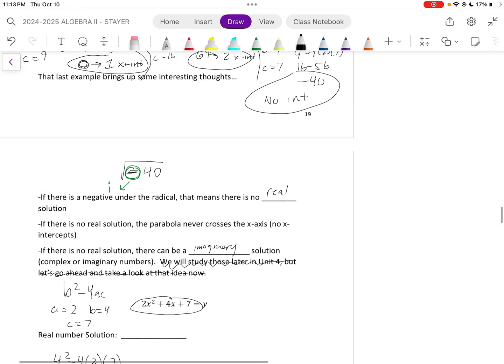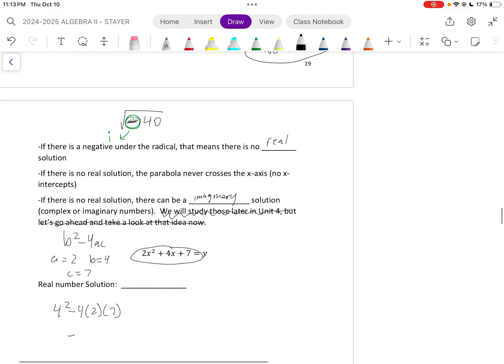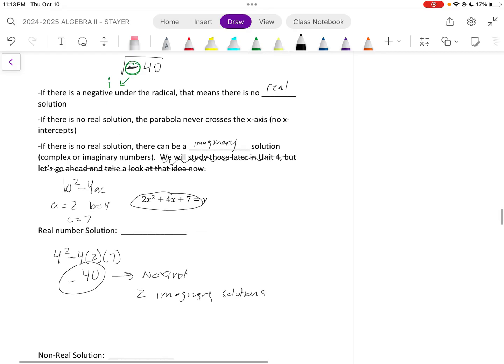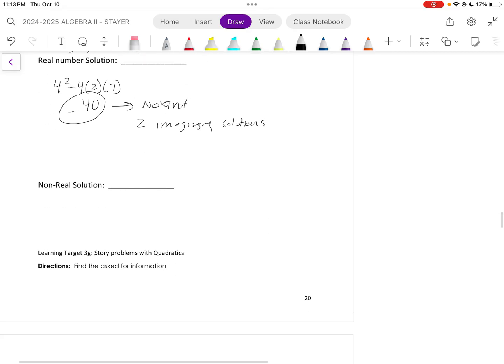This one was, what was this? Negative 40. So again, that means that there would be no x-intercepts, but there would be 2 imaginary solutions.